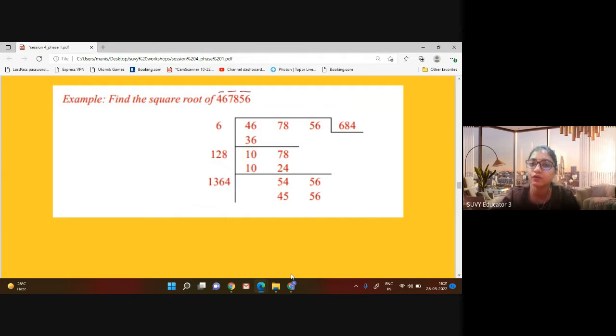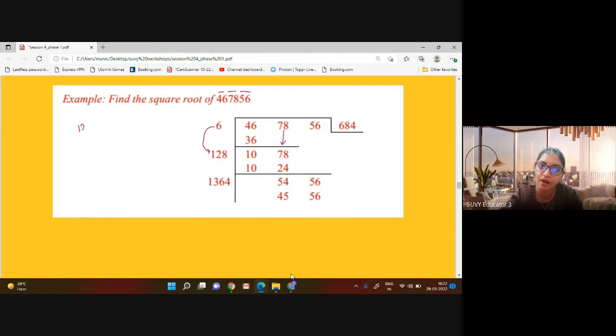Great. So when 10 is the remainder, what will we do? Make double of this number, 6 twos are 12. Now bring the next period down, 1078. We have to think of a number next to 12, so at which number will it work?